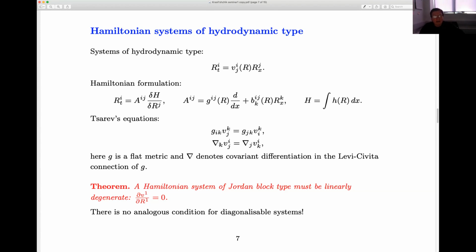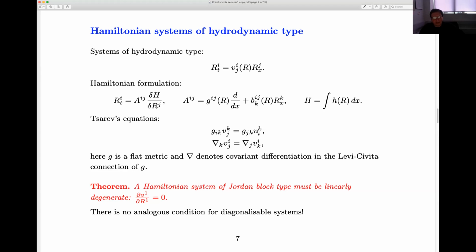Here, nabla denotes differentiation in the Levi-Civita connection of the metric. Here, I'm using the metric with upper indices, which appears in the Hamiltonian operator, and the metric with lower indices, which appears here. So one is the inverse of the other, as usual. This is contravariant, this is covariant, right? And these are called Kadazzi equations for the matrix V.